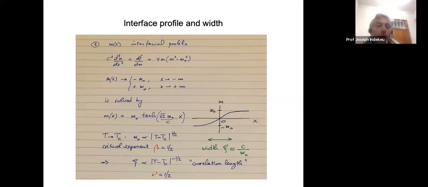But here, because the argument of the hyperbolic tangent has to be dimensionless, the prefactor of x is to be interpreted as an inverse length in any case. And then we notice that the temperature dependence of that inverse length must be the temperature dependence of 1 over m0.